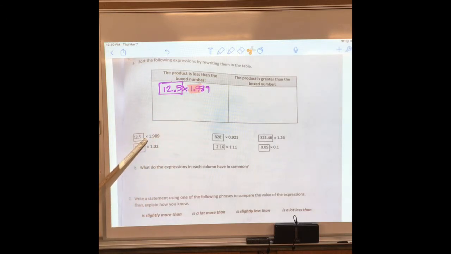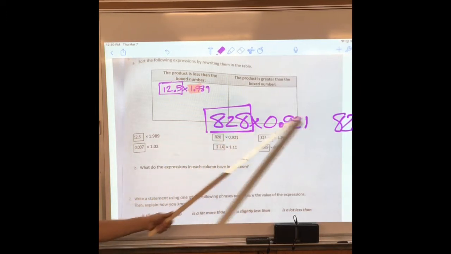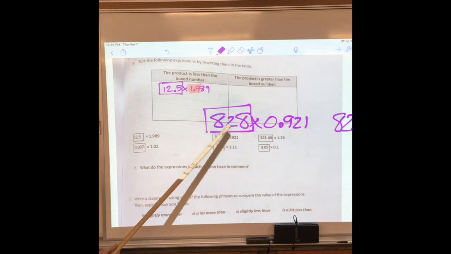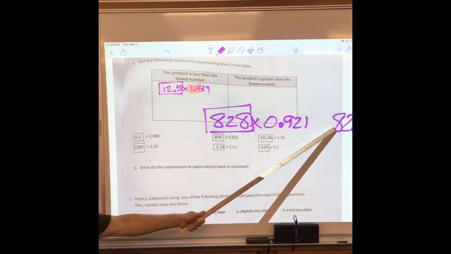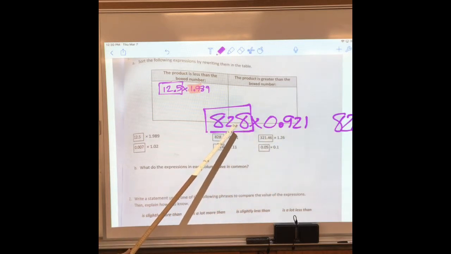That's our problem here. Okay, let's do this one. 8 to 8 times 0.921. What is it in comparison with this 8 to 8 number, right? Here's our comparison, right? Is this product going to be greater than this?